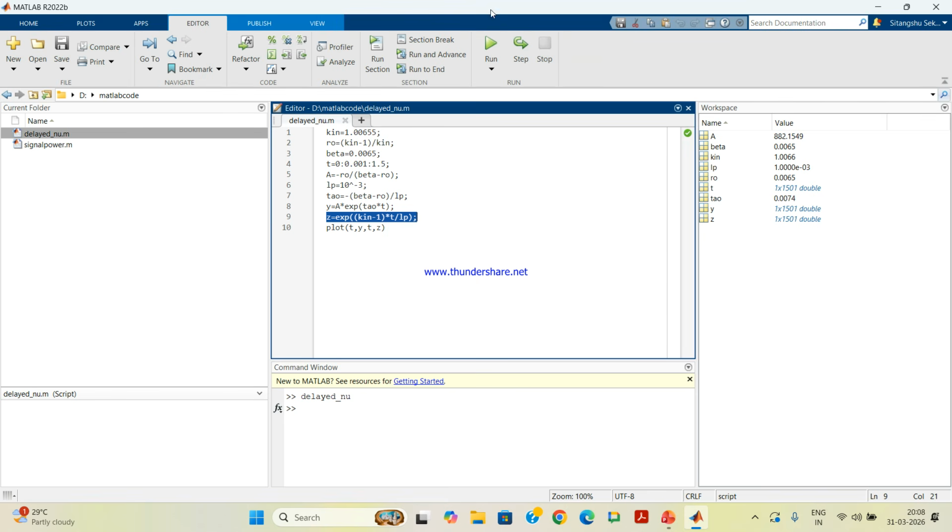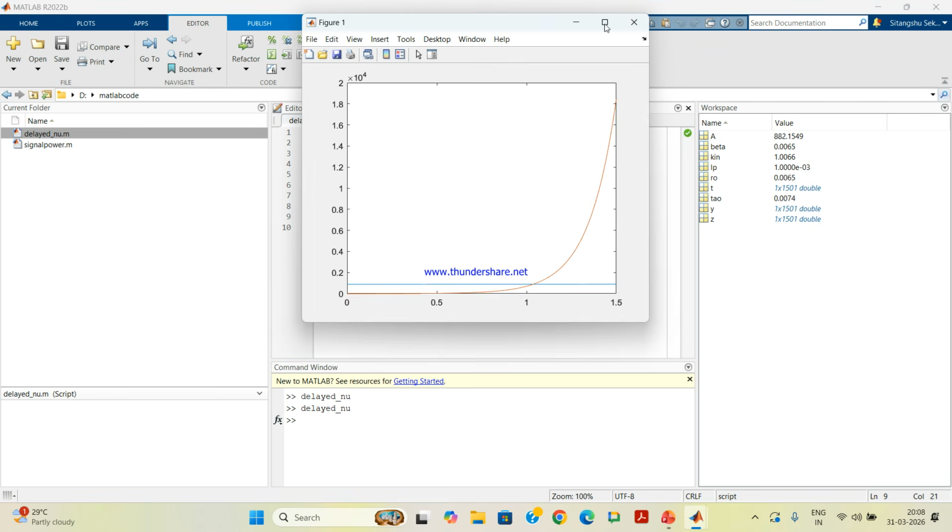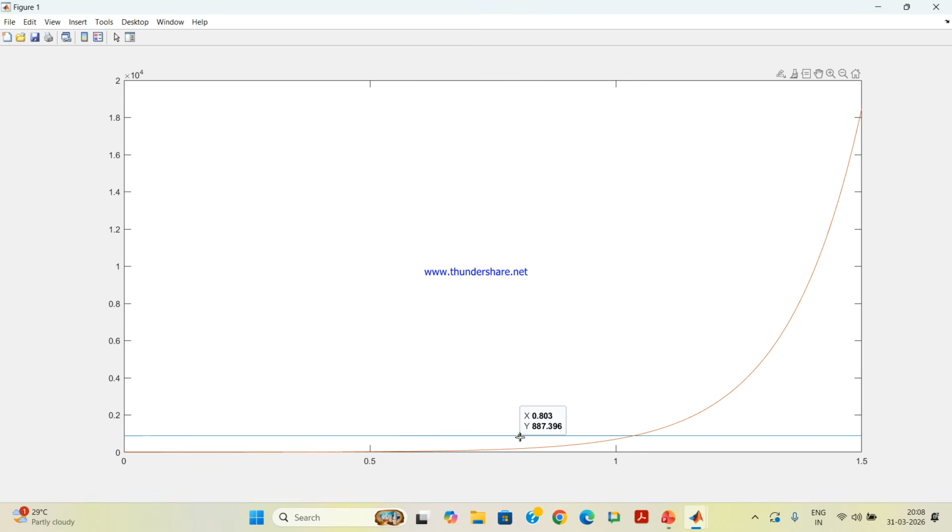Now if we plot these two functions, you see here the blue line is more or less stable, around 882, and after 6 it is some 891. But you see, after 1 second, that means 1.35 seconds, if it is only prompt neutrons, the neutron population starts to increase exponentially.